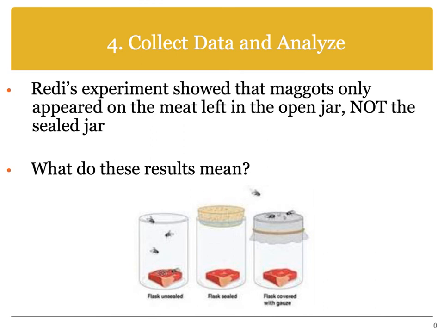So over time, what happened was the one that was sealed did not show any growth in it, but the one that was open to air did show that bacteria was growing. So he said, hey, look, there is a parent organism, and it's basically bacteria that's in the air that is causing the cloudiness in this broth.